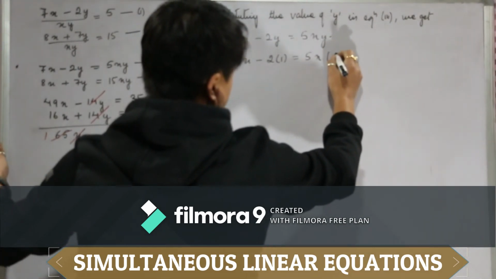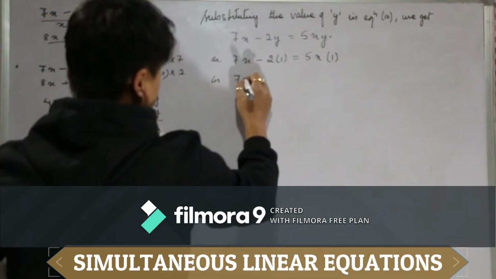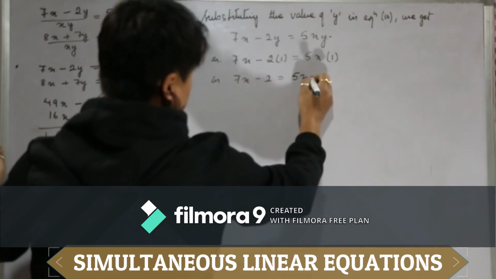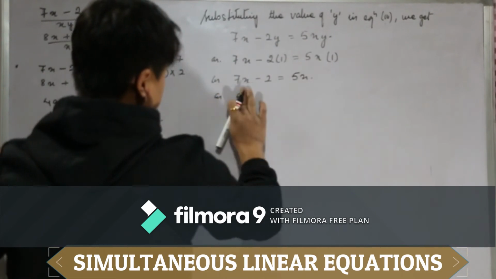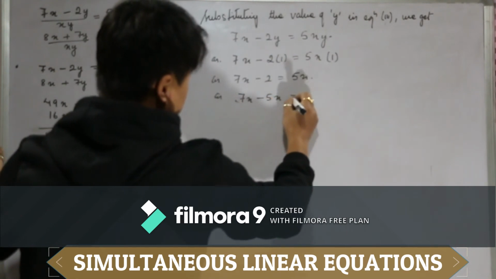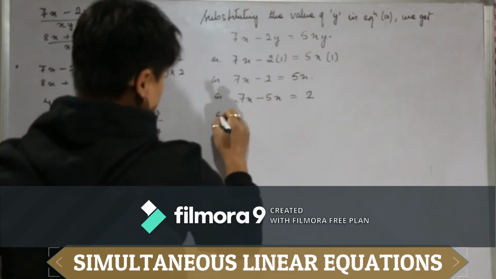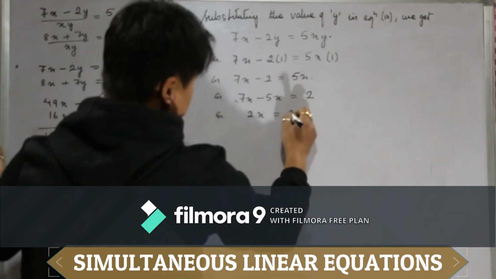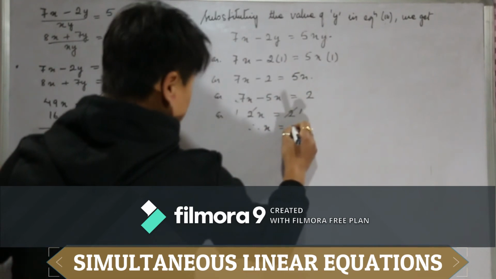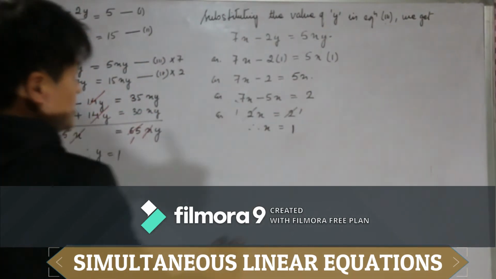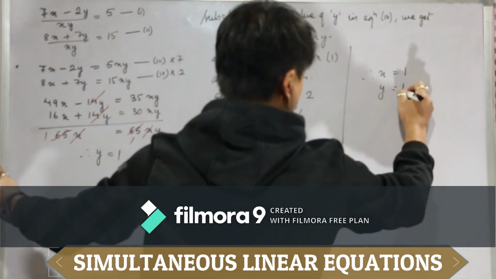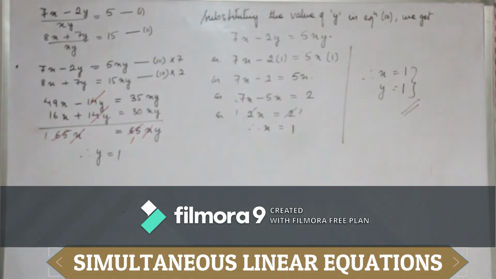So this will become 7x minus 2 is equal to 5x. We'll take 5x across: 7x minus 5x is equal to, minus becomes plus 2, so 2x is equal to 2. 2 1s are 2, therefore x is equal to 1. Okay, and simply we'll get the answer. Therefore x is equal to 1, y is equal to 1. This is our solution. Clear?